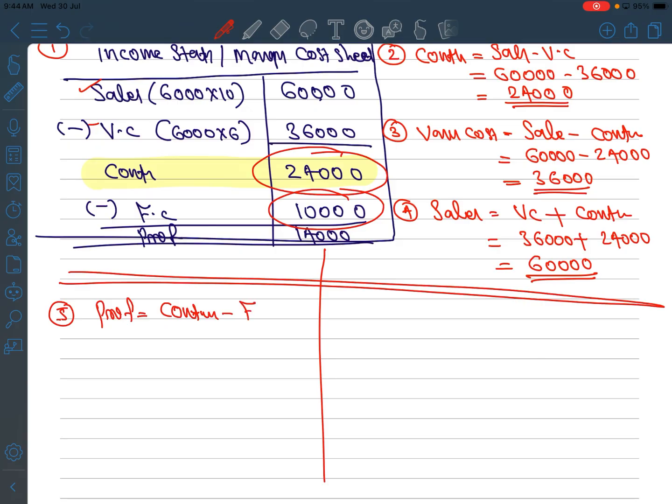Contribution is 24,000 minus fixed cost of 10,000 is equal to 14,000. Then the next one, sixth: fixed cost is equal to contribution minus profit. Fixed cost is 10,000. How will we get variable cost? Sales minus contribution.